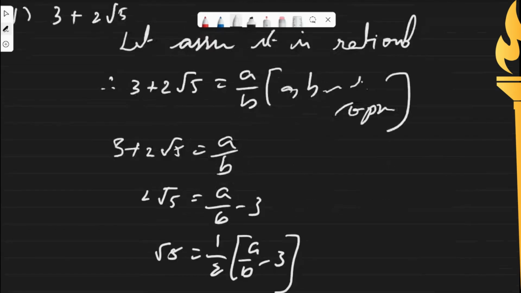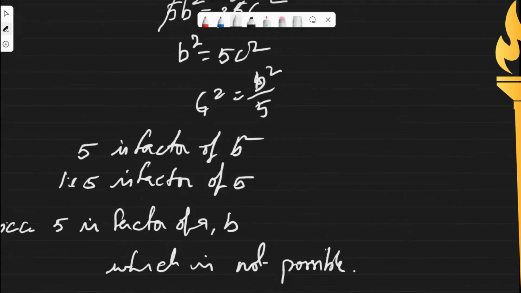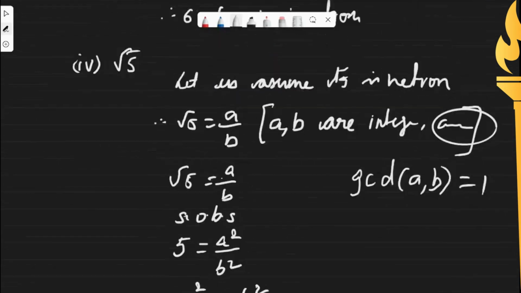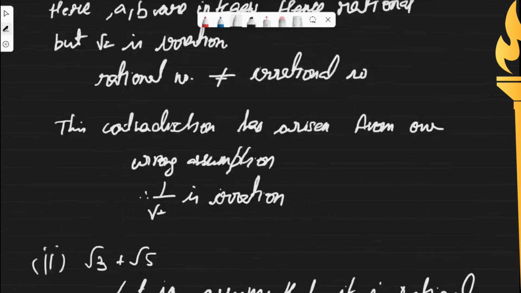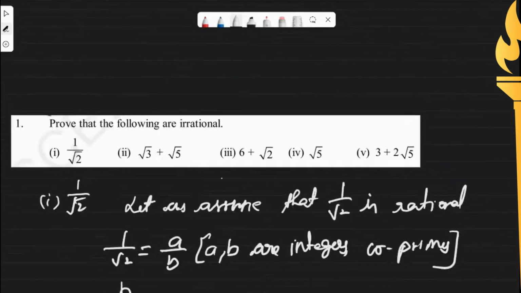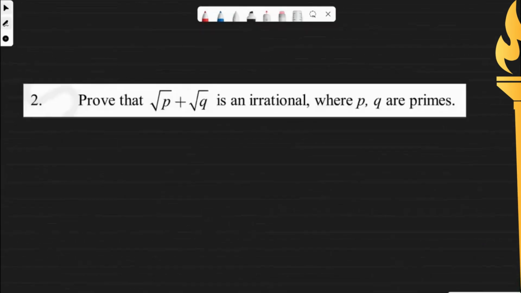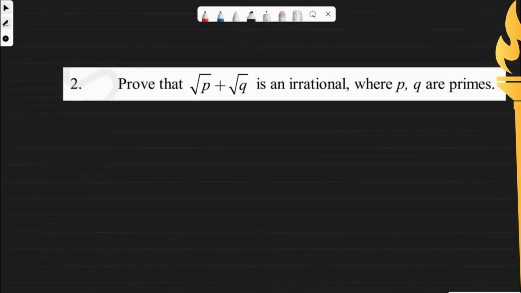That is how you prove different types of numbers, I mean, a rational plus irrational number or a rational into irrational number is irrational. We have the second question of 1.4, which is prove root p plus root q is irrational where p and q are primes.